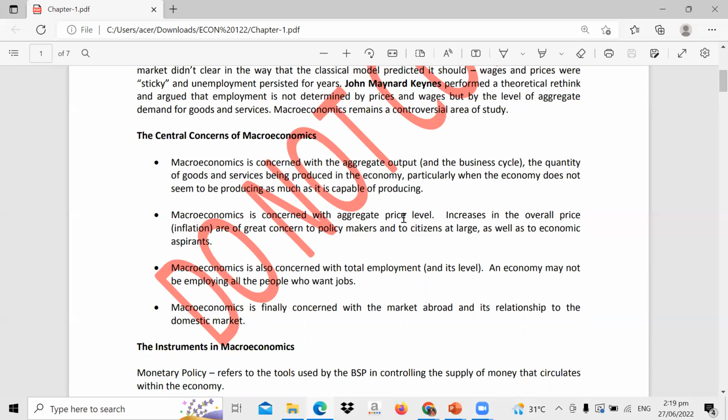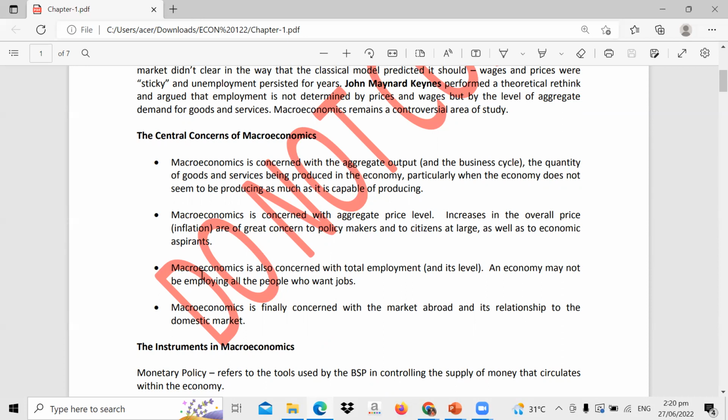Increases in the overall price level, like inflation, are of great concern to policymakers and to citizens at large. So basically, we do have a separate chapter for inflation. We will understand the effect of inflation. So again, that's part of macroeconomics.